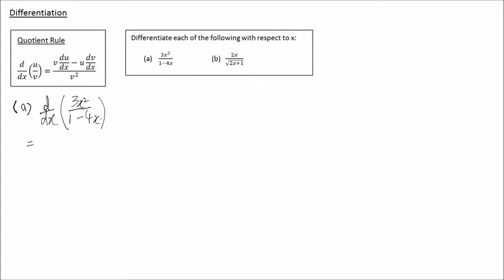First, we will write the square of the denominator, 1 minus 4x squared.